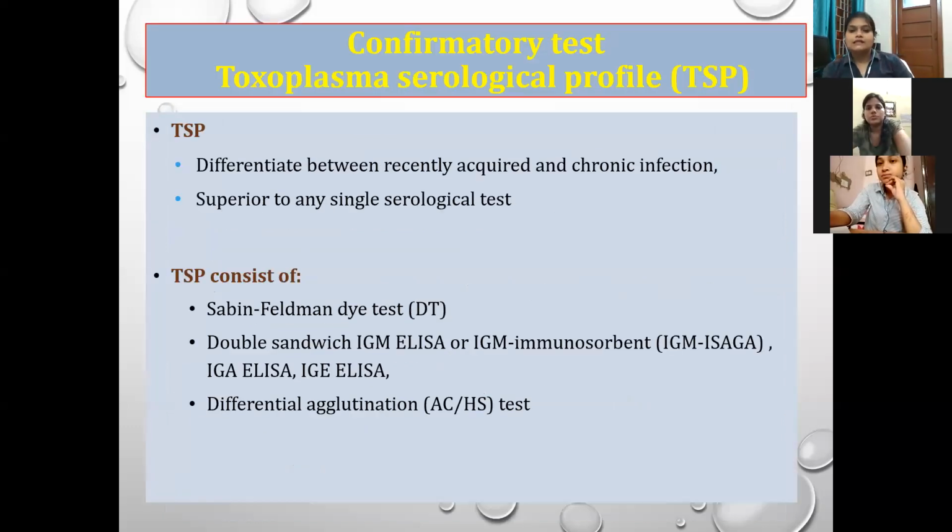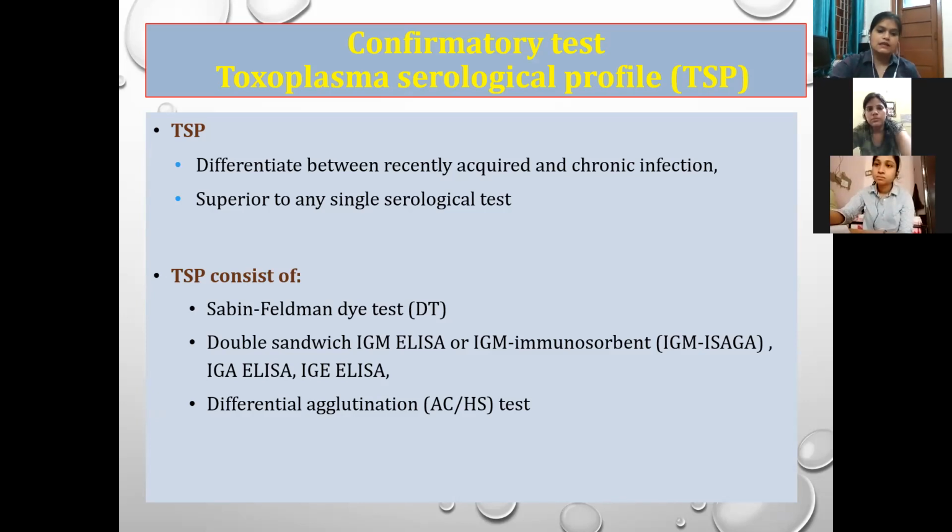So the Toxoplasma serological profile is considered a confirmatory test. It is not only one test. It is a combination of three tests. It includes the Sabin-Feldman dye test, double sandwich ELISA, and differential agglutination test. By the combination of these tests, we can confirm toxoplasmosis.